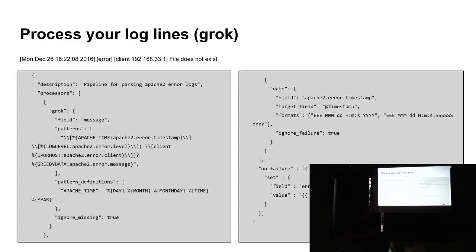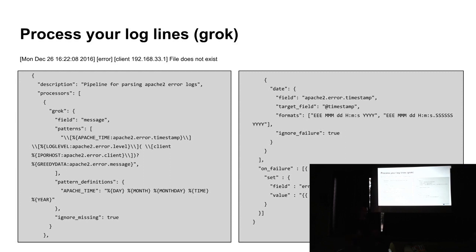No, not many? Okay, so grok is basically a definition on top of regular expressions. So instead of having to write the definition of a timestamp or an IP address, it has it already defined.